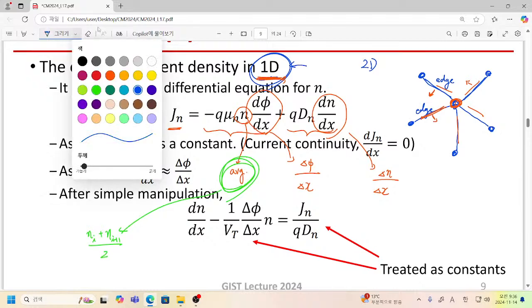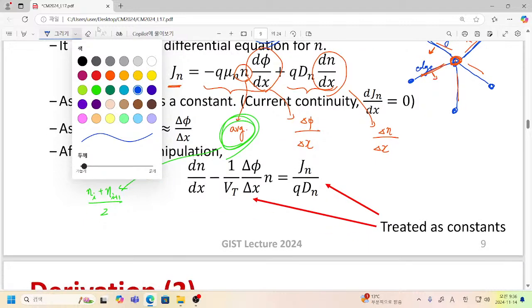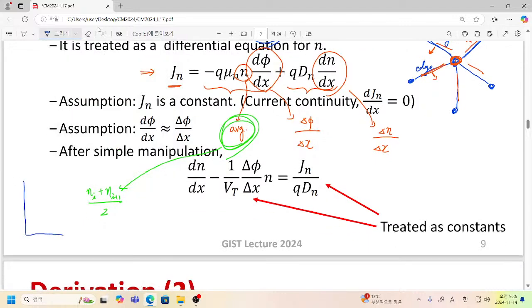Let me just show you this example. Let's say here we have x and potential. Here we have a point x sub i and another point x sub i plus 1, and here we have potential, called phi i, and another potential value phi i plus 1 at this point.